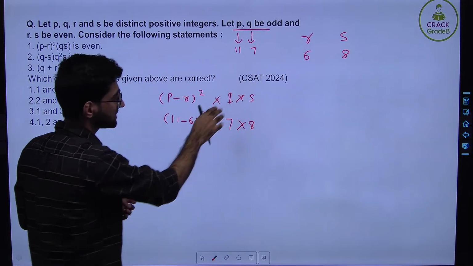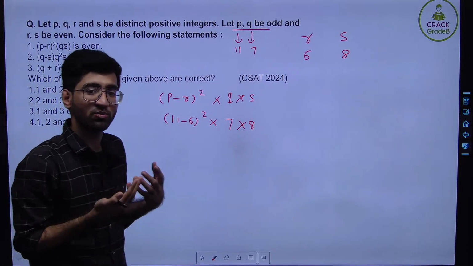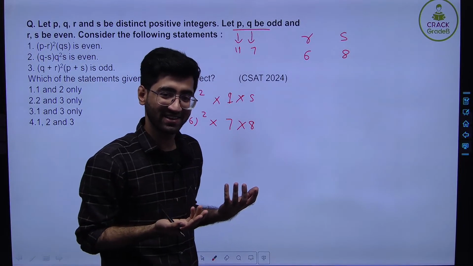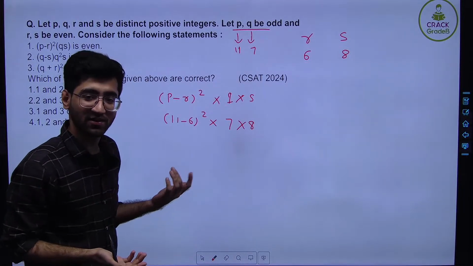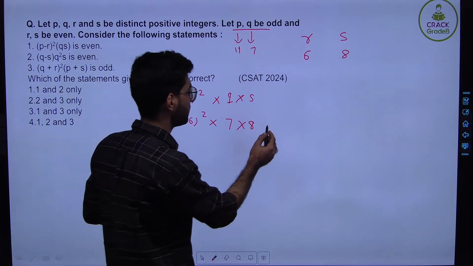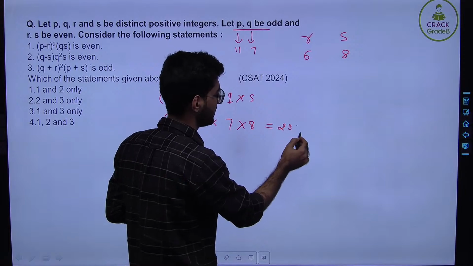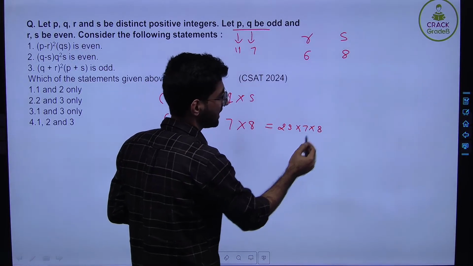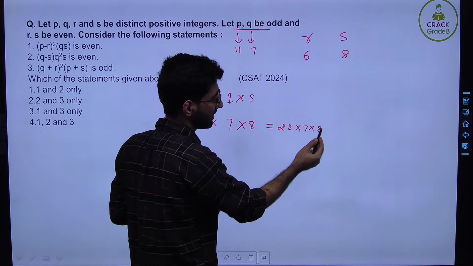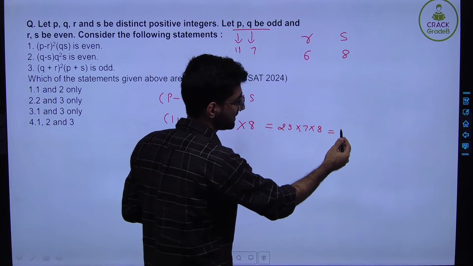If you take simpler values, you will not have to multiply a lot. 11 minus 6 is 5, the square of 5 is 25, into 7 into 8. 25 into 8 is 200, into 7 is 1400.